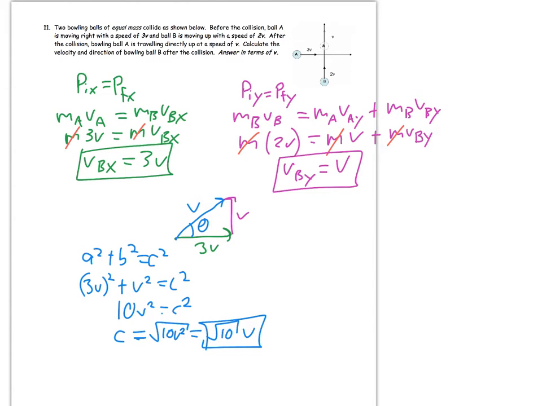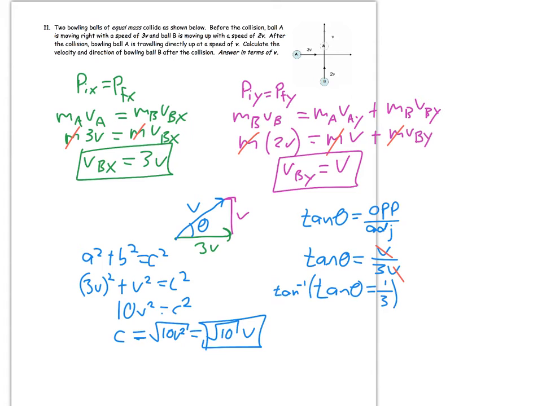In order to get my angle, I'm going to use tangent, so I'm going to say tangent of theta equals the opposite over the adjacent. I'm going to plug in those values. So for this triangle, it's going to be v over 3v. Our v's will cancel out, so that means that tangent of theta is equal to 1/3, and I can take the inverse tangent of both sides of this equation and end up getting that theta is equal to 18.4 degrees north of east.